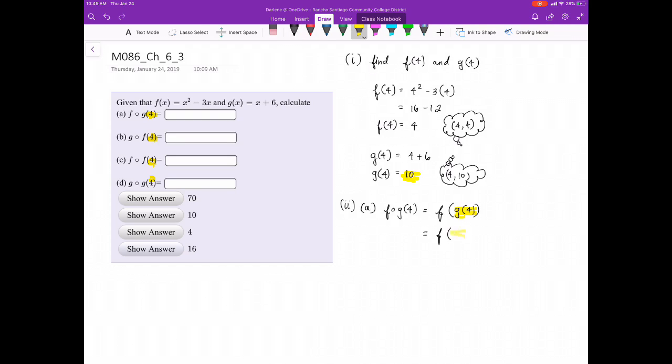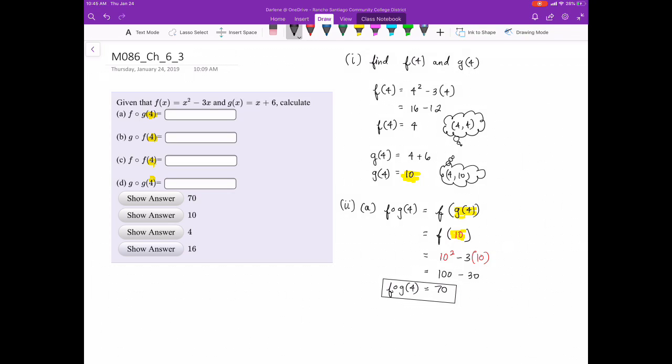So I'm really just finding f of 10. Well, that's not too bad because I know what the function f is. It's x squared minus 3x. So this will be 10 squared minus 3 times 10, and this would just be 100 minus 30, which is 70. So f composed of g of 4 is 70.